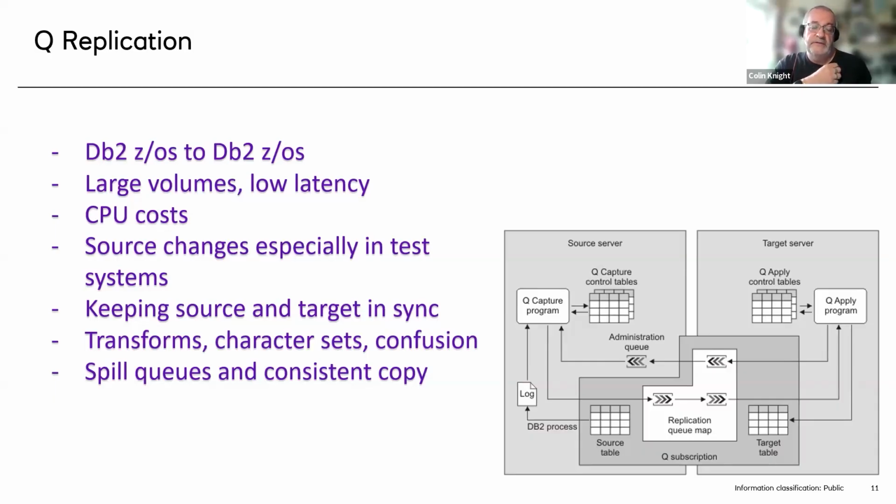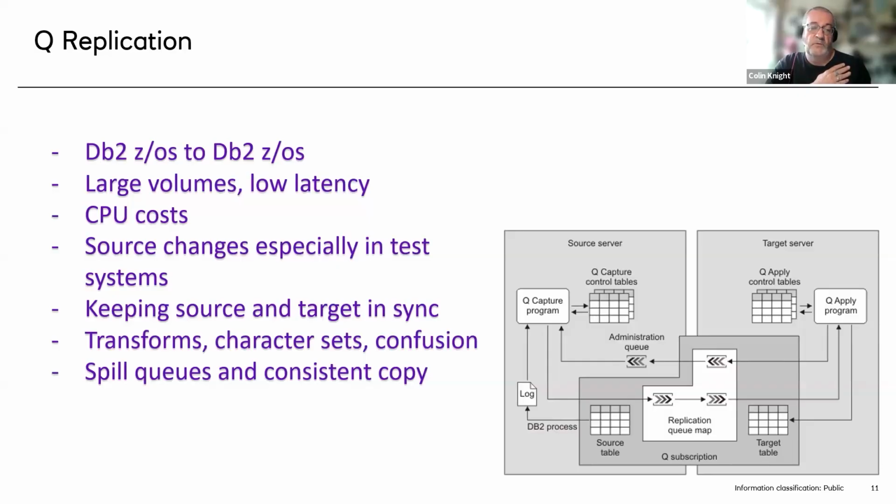And to do that, we do something called a suspension of the capture and apply. And we take a copy of those tables at target that have been updated, say for the previous day or the previous week. We take all the data out of that for what we want to do in big data, and then we resume the capture and apply and carry on processing the data.